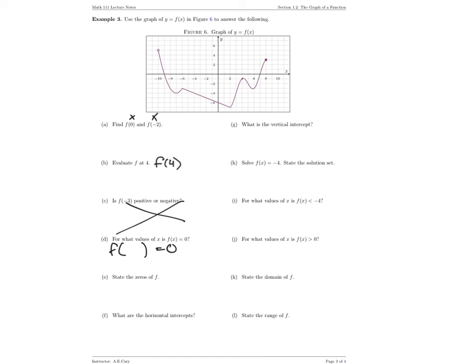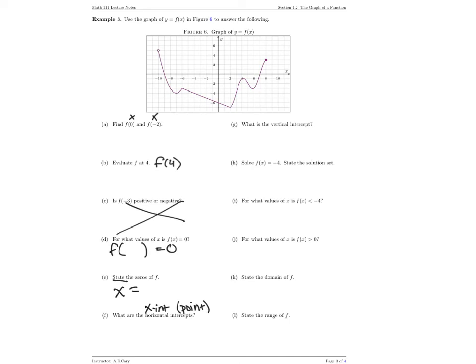For part E, when it says state the zeros of x, it's going to be x is equal to, where are those zeros? And then what are the horizontal intercepts? Now, horizontal intercept, that's just an x-intercept. An x-intercepts we always write as a point.